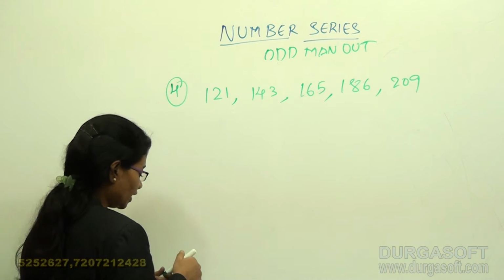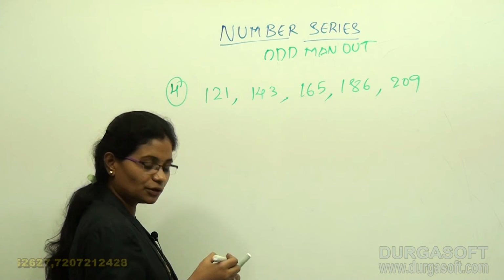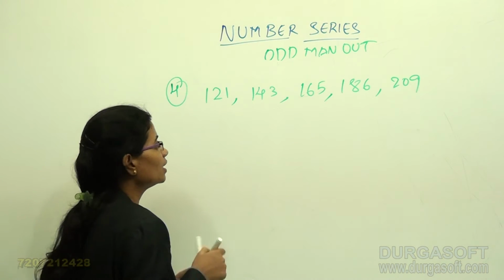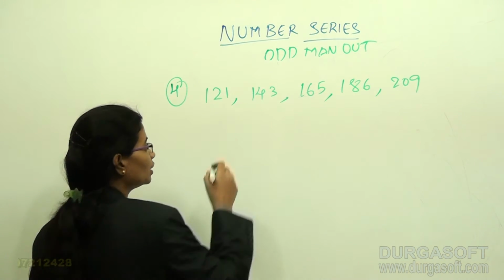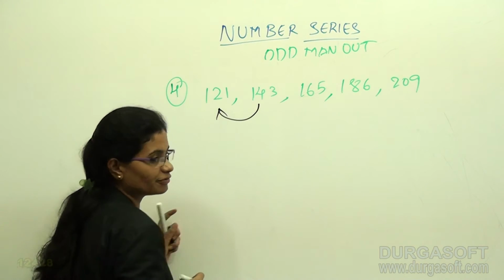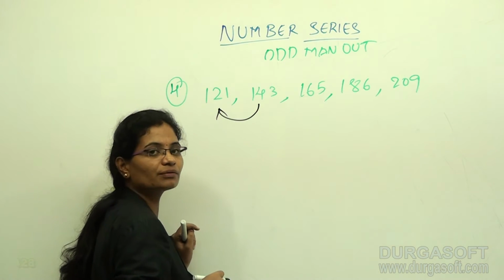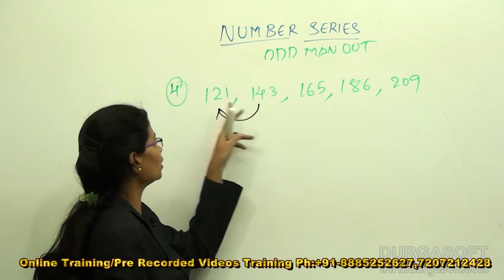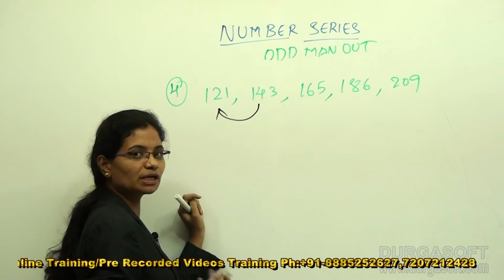So we'll just find out. First, if we don't know what is happening in the series, as we have discussed earlier, just see the difference between 2 numbers, that is, the difference between 2 and 3 or 2 and 1 or 1 and 2. As 143 is bigger than 121, if you see the difference you will come to know.